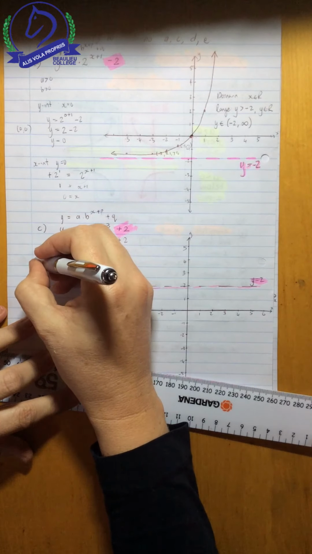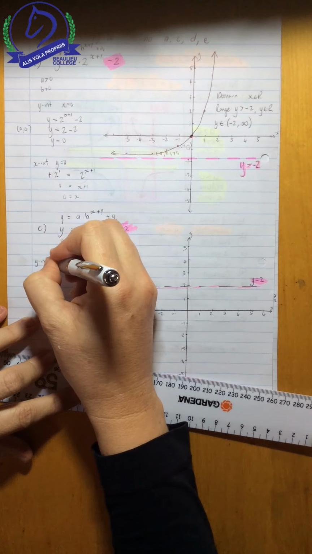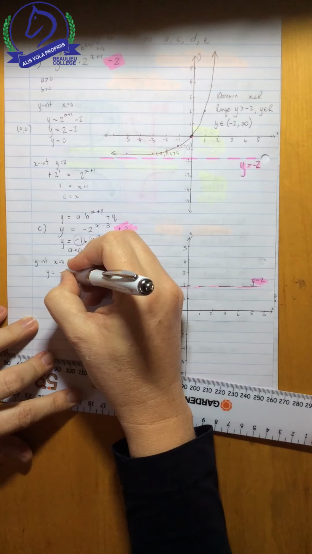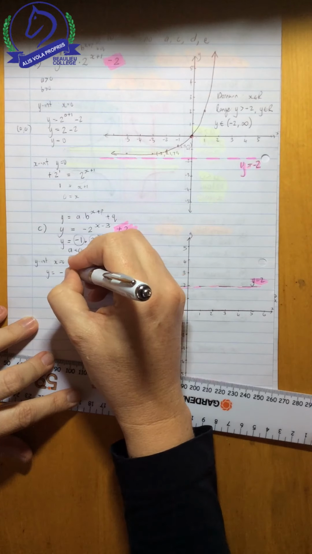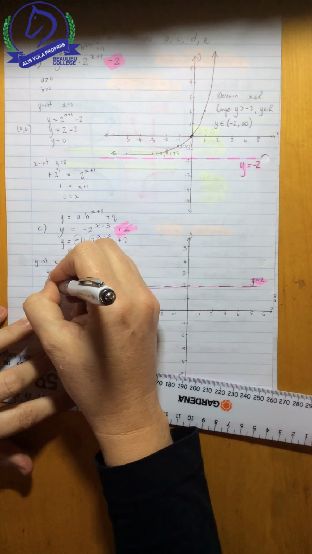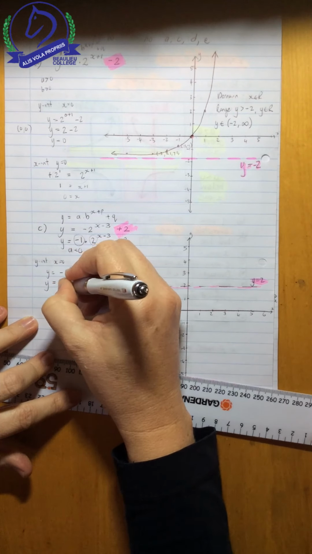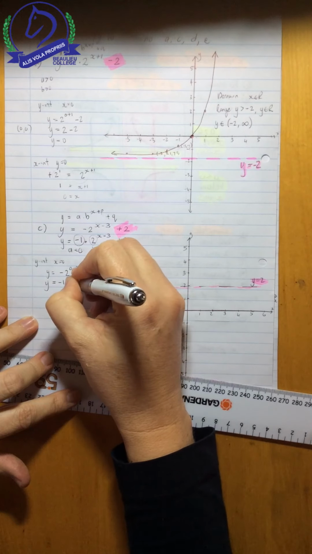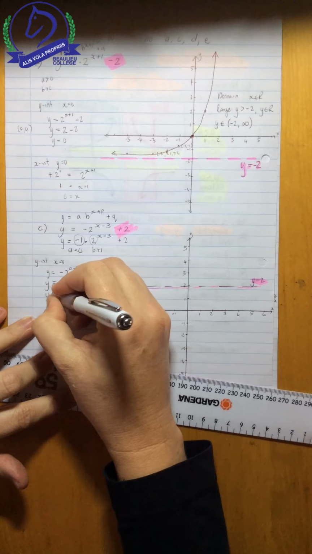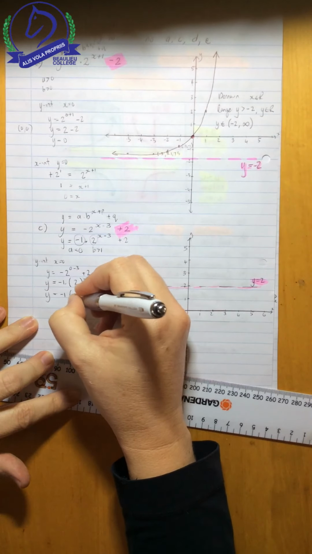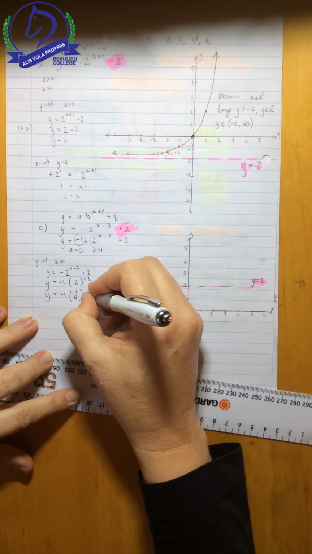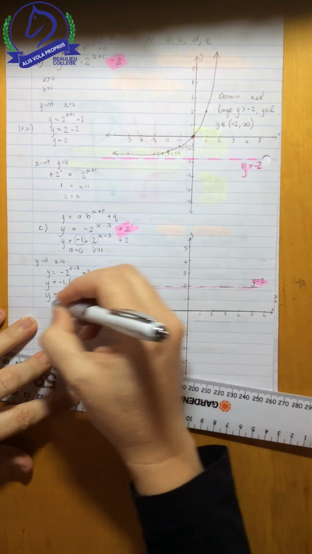Okay, so I'm going to do my y-intercept, make x 0. y is equal to minus 1 times 2 to the power of 0 minus 3, plus 2, which means I have minus 1 times 2 to the negative 3 plus 2. So I can write it as minus 1 times 1 over 8 plus 2.